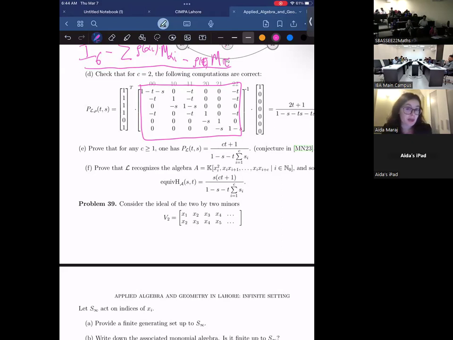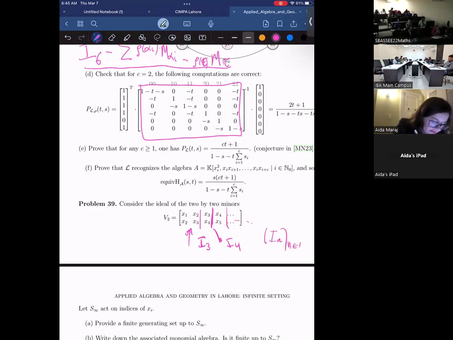How do we write them? Maybe in a finite way. And whenever we stop somewhere, say if I stop here, I take this one and I call it I3. If I stop here, I call this I4, the 2 by 2 minor, and so on. And so I have this I_n for n in N. And how does that look?